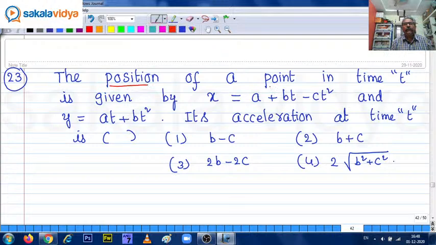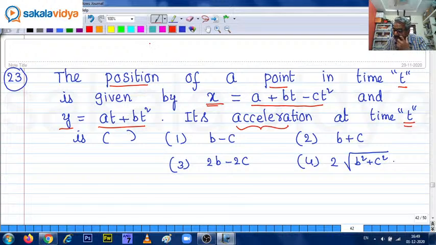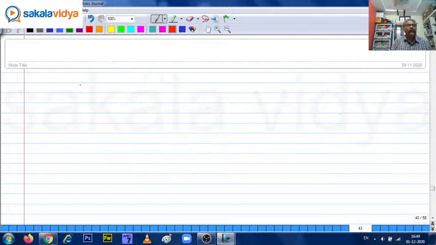The position of a point at time t: the x component is a plus bt minus ct square and the y component is at plus bt square. The position is given in both directions, along the x-axis and along the y-axis. Then we need to find the acceleration at time t.